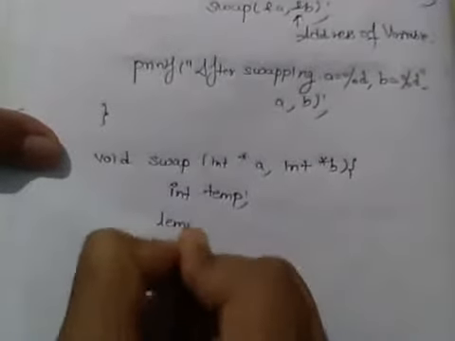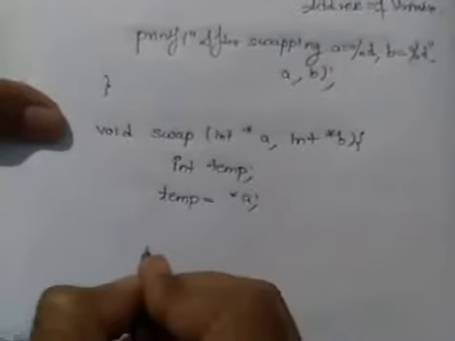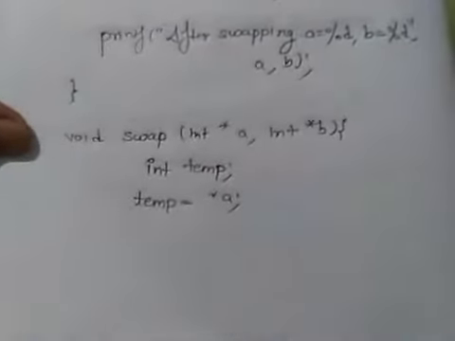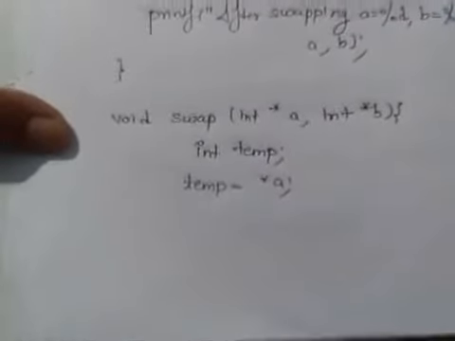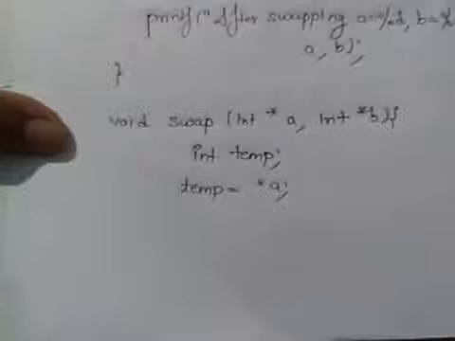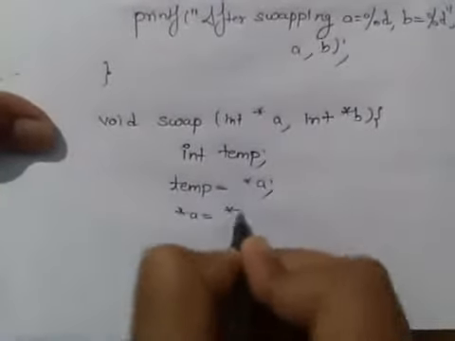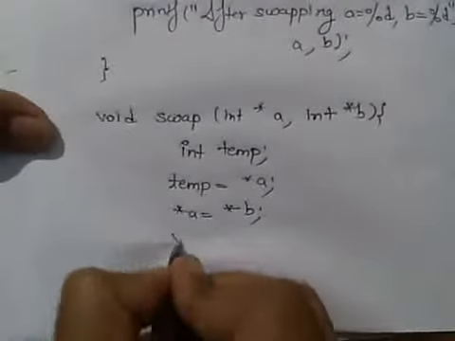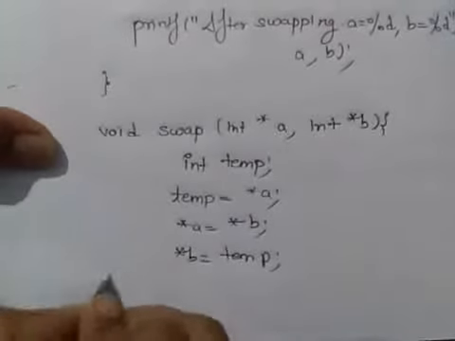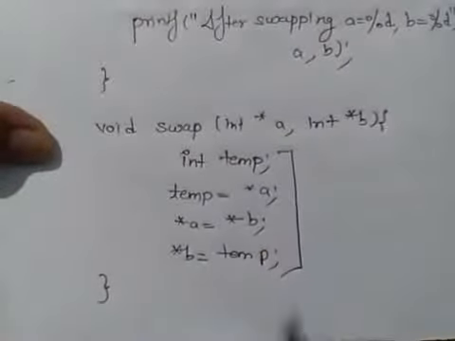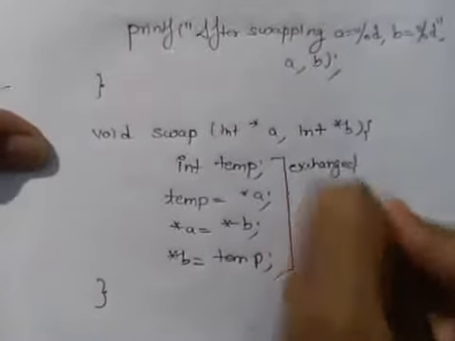The temp variable will be given the value at pointer a, the pointer a will be given the value at pointer b, and pointer b will be assigned the value of temp. So here the values of the variables will be exchanged, meaning swapped.